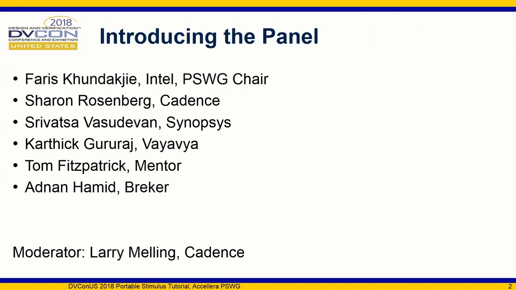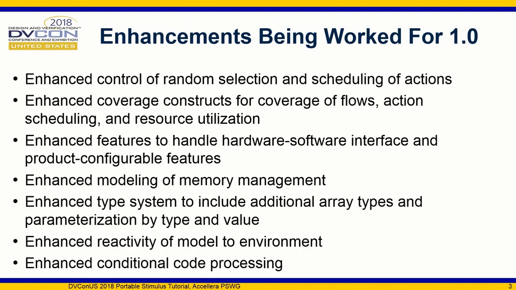Yeah, it's still work in progress. We have a primitive form of weights in the form of constraints, like distribution weights like SystemVerilog. But the fact of the matter is there are a number of topics still under enhancement, and one of them is enhancements to random selection. If you look at the announcement for the beta release, you'll see that enhanced random selection is one of them.